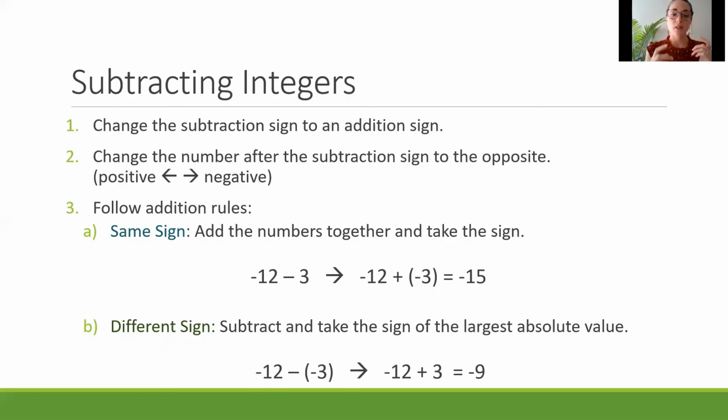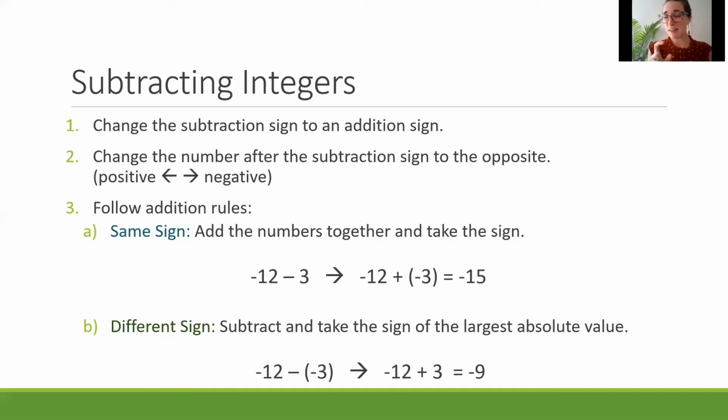So let's start with this one. This says -12 minus 3. So the first thing I'm going to do is change my subtraction sign to an addition sign. And then I'm going to change that 3, which comes after the sign, to the opposite. So we keep the -12. I changed my subtraction to a plus.